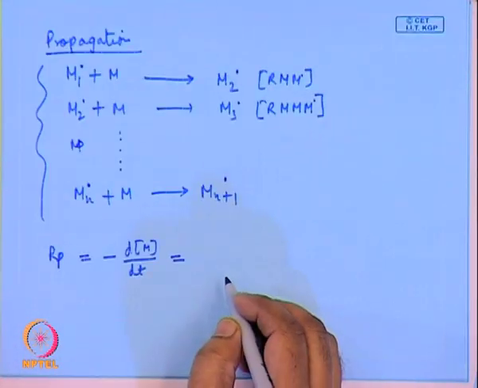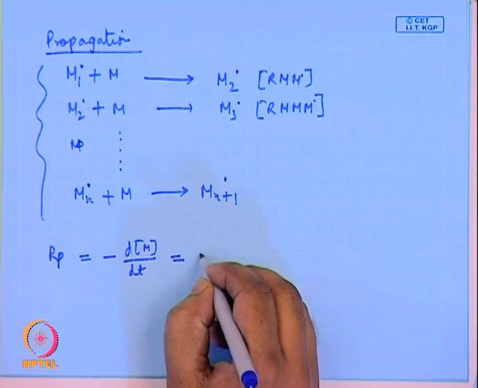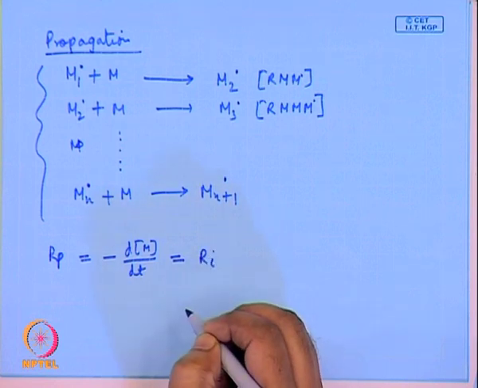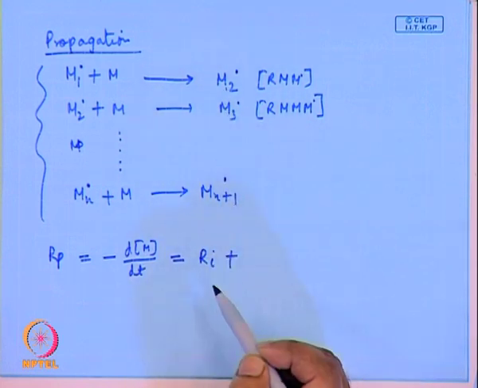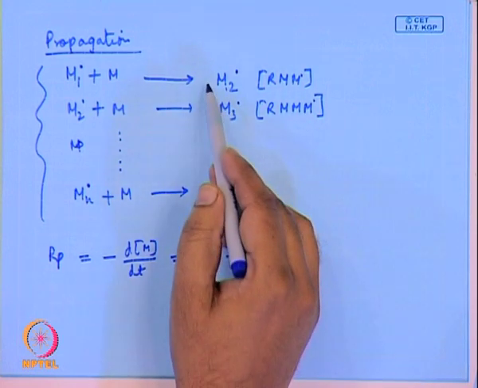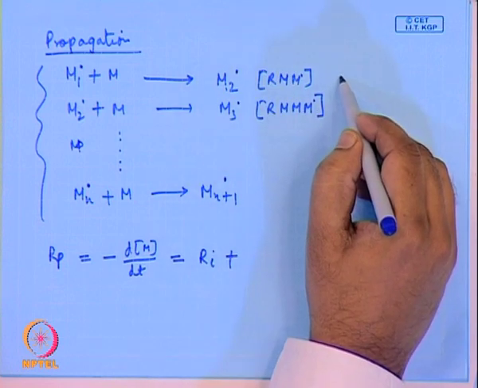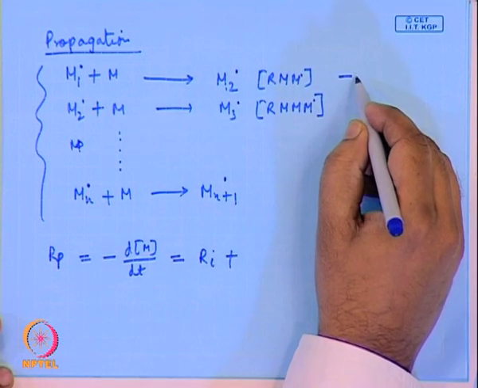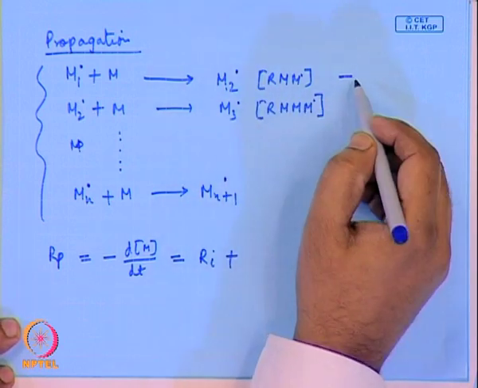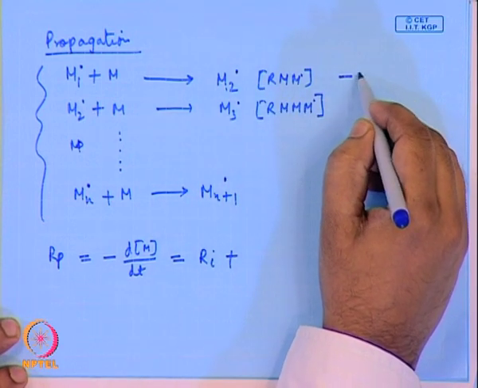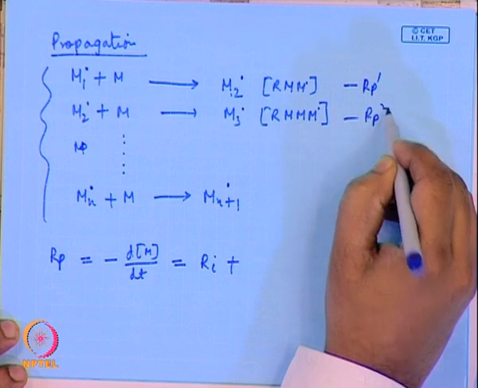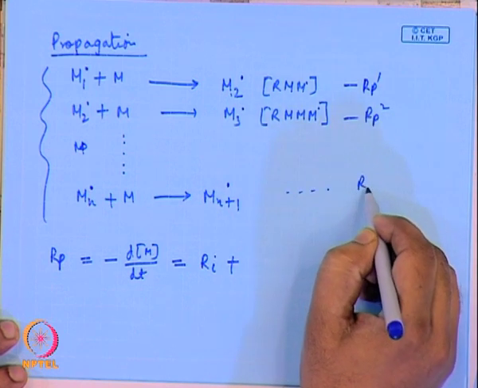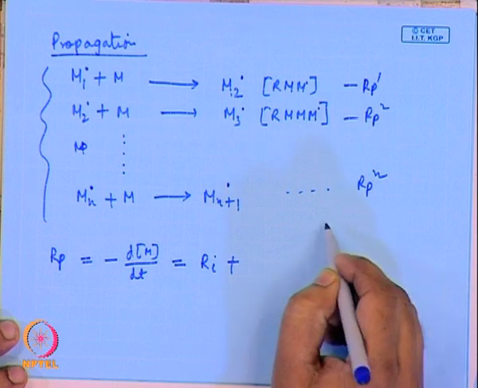So, I write the initiation rate there, plus all these steps: Rp1, Rp2, Rpn and so on.